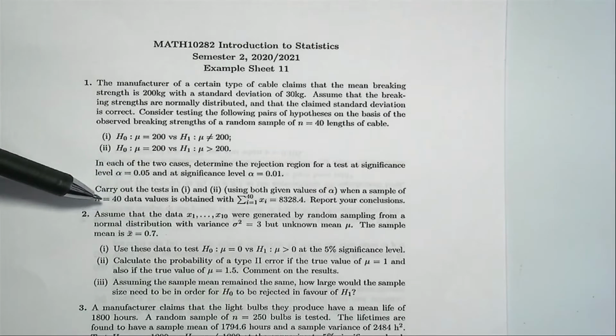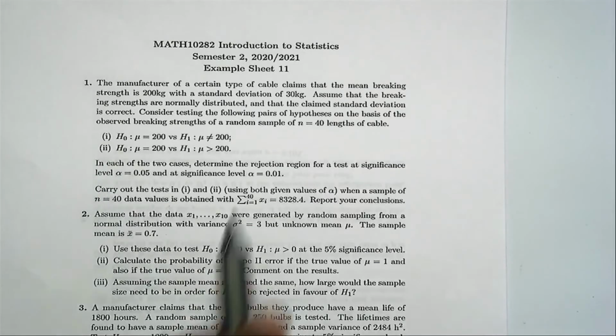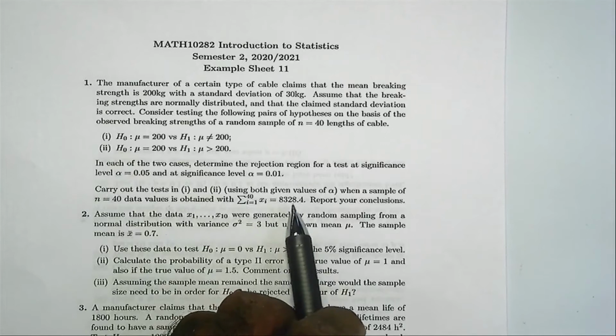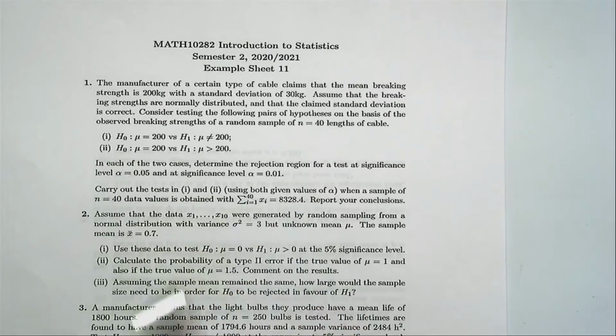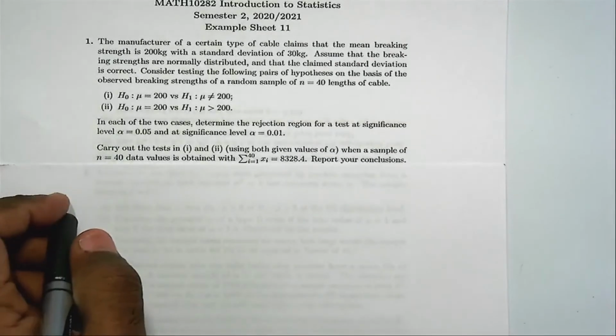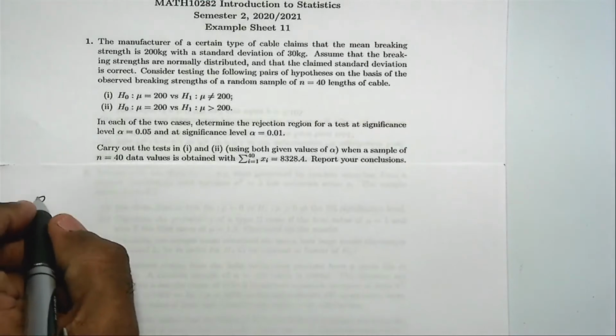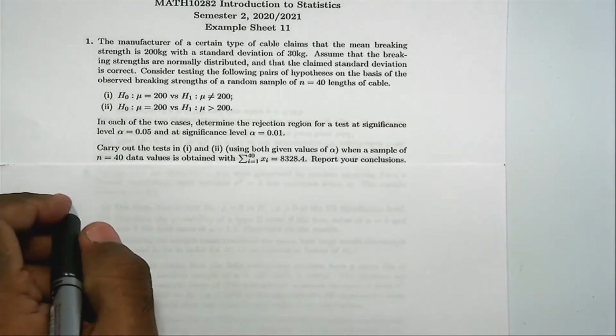N is the sample size. The sample size is 40, and the sum of the data is 8328.4. So let's see how we can do this. So this is question 1, part 1.